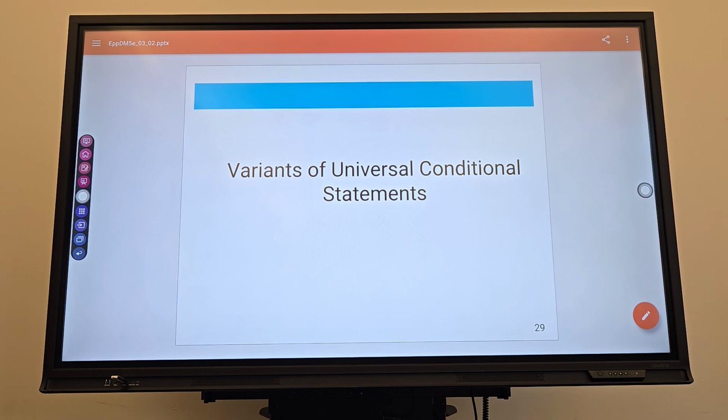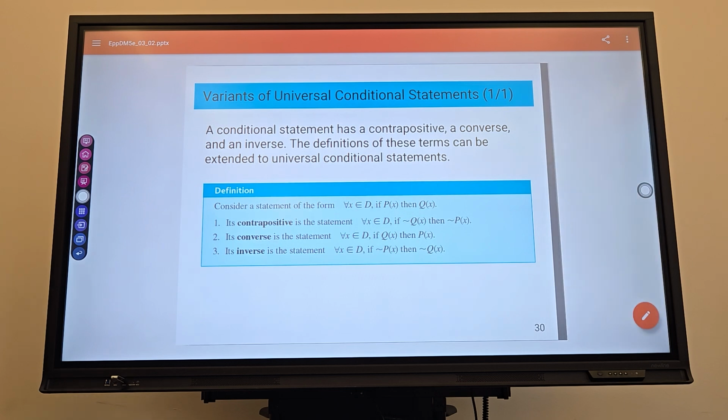Variants of the universal conditional statements. The contrapositive is like the contrapositive of the conditionals from chapter 2. You invert and flip the predicates. So if P of x, then Q of x.